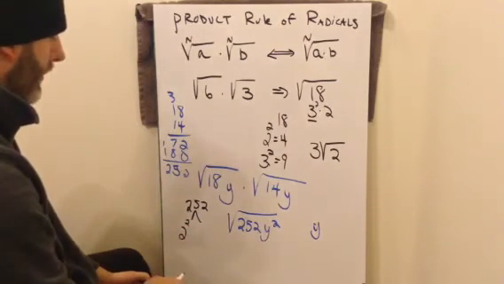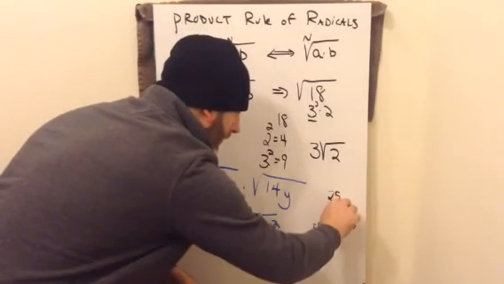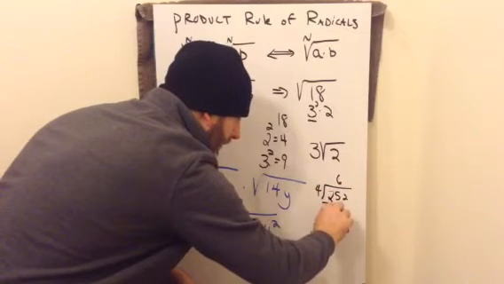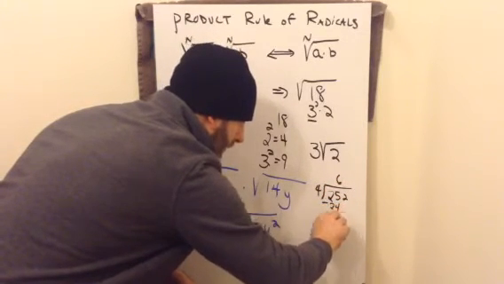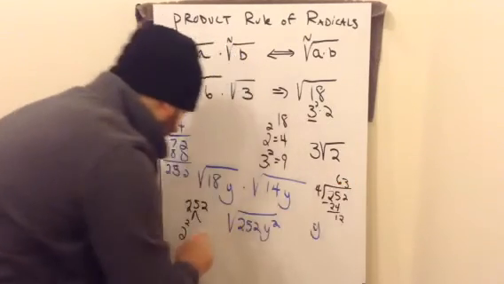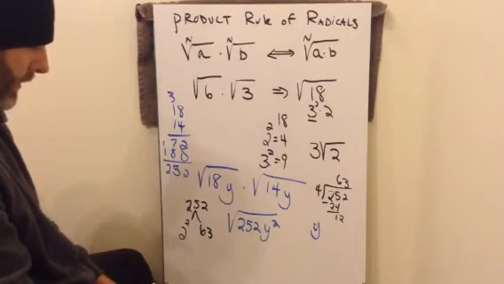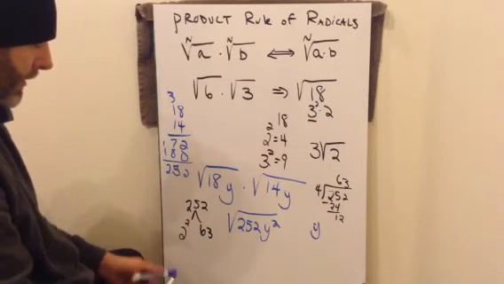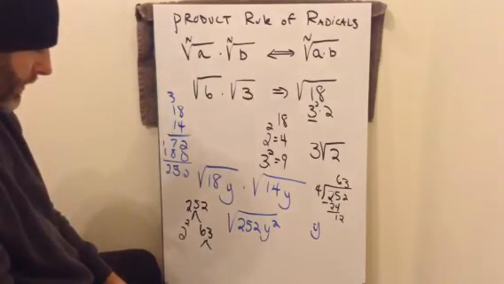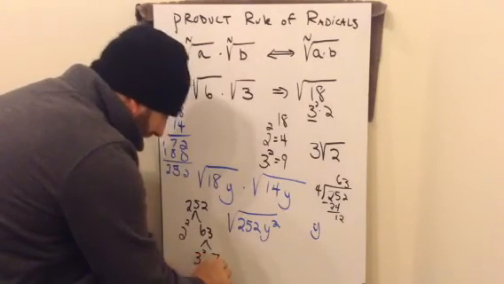So 252 goes in 63 times. Well, 4 doesn't go into 63. I'm not going to try that again. So now I'm going to try 9. Well, 9, 3 squared, goes in 7 times.